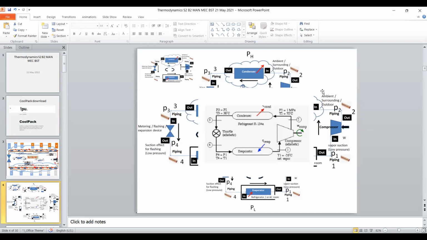In the same way, you should learn about the compression as well, because what is physically taking place in all the components is very important.